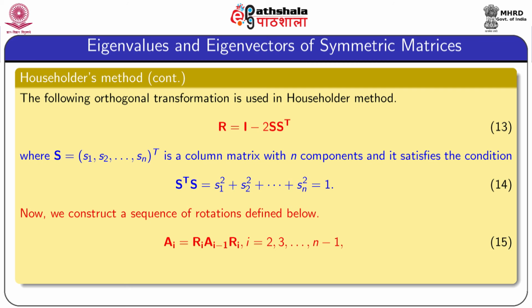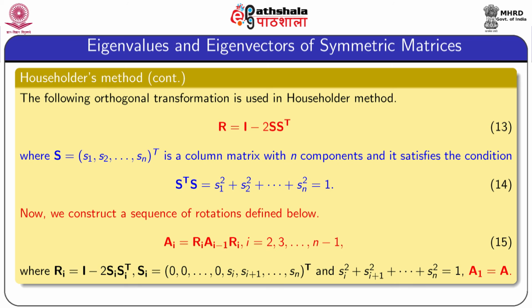Now we construct a sequence of rotations defined below. Ai equal to Ri into A(i-1) into Ri, where i equal to 2, 3 up to n minus 1. So this is the sequence of rotations applied on the given matrix A, where the rotational matrix Ri equal to I minus 2 Si Si transpose, where Si, that means the ith orthogonal transformation vector, is equal to (0, 0, up to 0, s(i+1), up to sn) transpose.